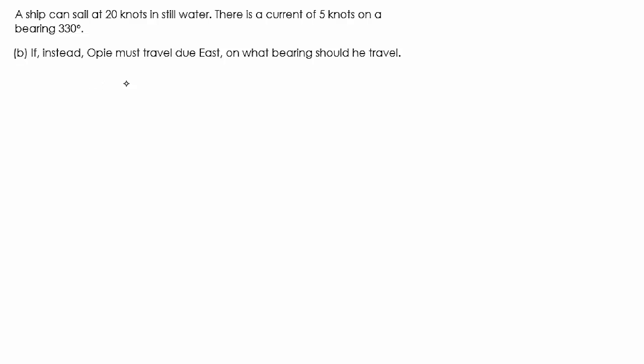Now in part B, we're told that Opie must actually travel due east. In other words, we need his actual resultant to be due east, like so. Now, in order to achieve that, if he has a current running this way, so the current is at 5, he's going to have to steer down in this direction.